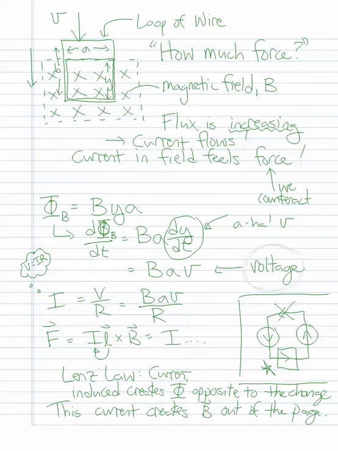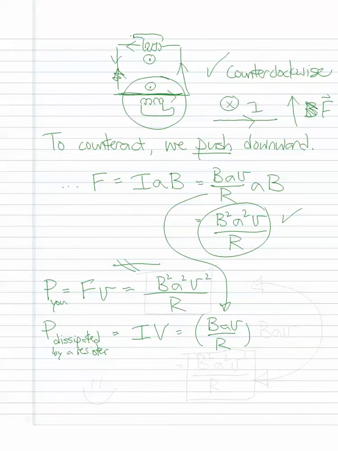And the voltage was the EMF that was induced from the previous page, so that's BAV. Check it out. The power that the resistor dissipates, B squared, A squared, V squared, all over R, holy smokes, that's the same thing as the power that you have to apply.